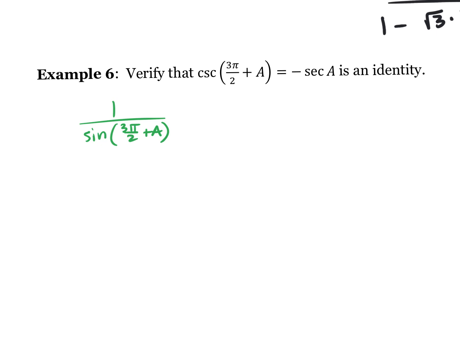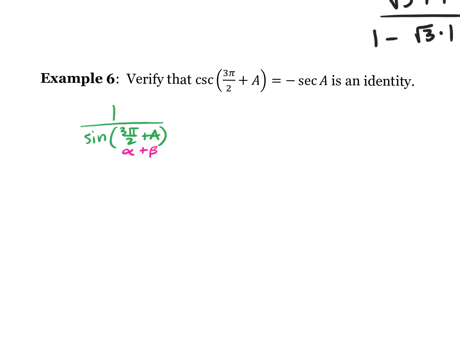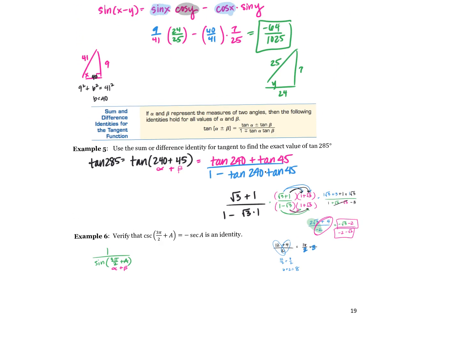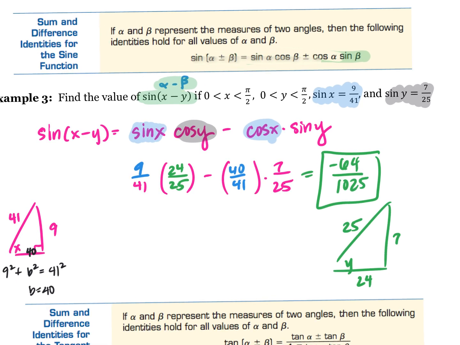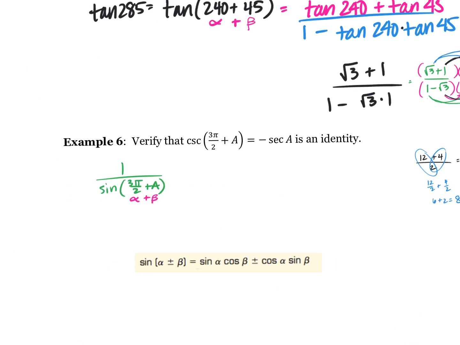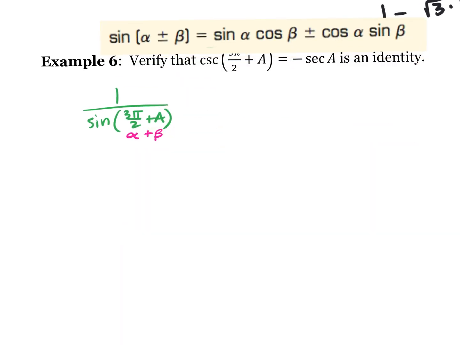What's my alpha? What's my beta? Alpha is my 3 pi over 2. And don't be scared, people. I'm going to bring this equation down because we got to use the sine one. So I'm going to clean it up a smidge and then bring it down just so that we can reference it nicely. Okay, where's the unit circle? I know you're going to have to go back to a different packet, but I'm also going to pull it up.